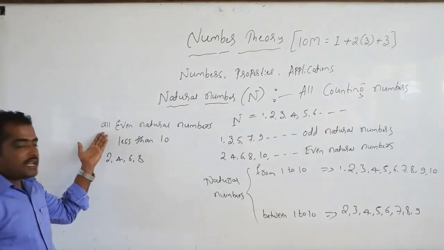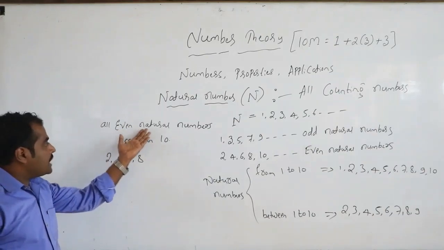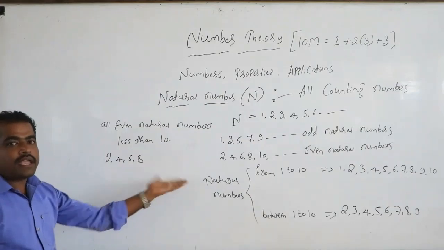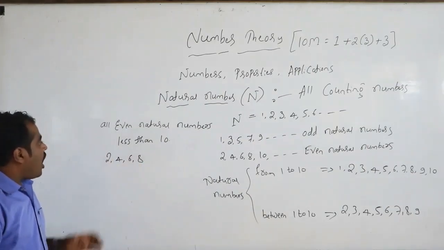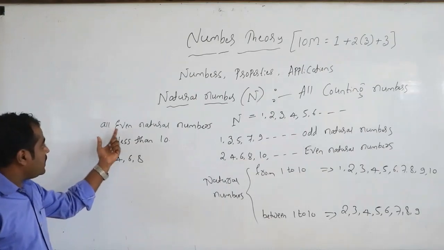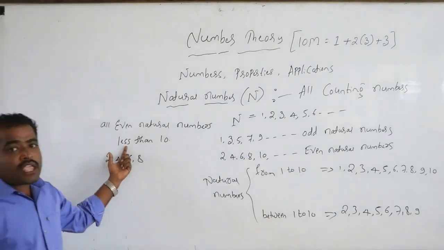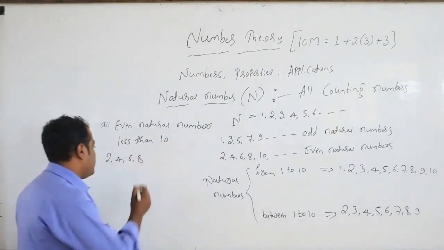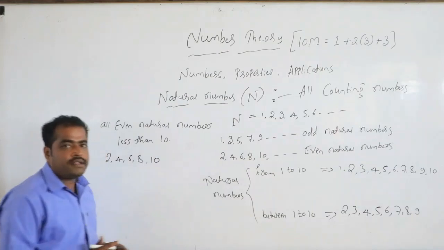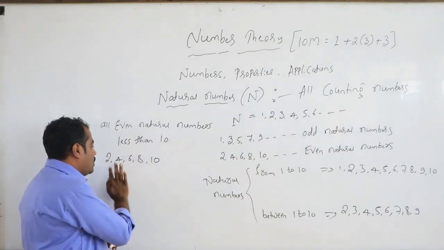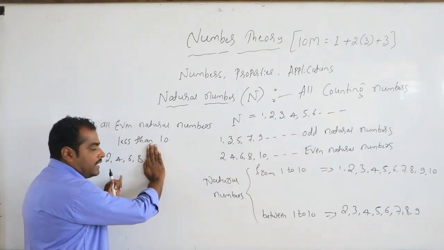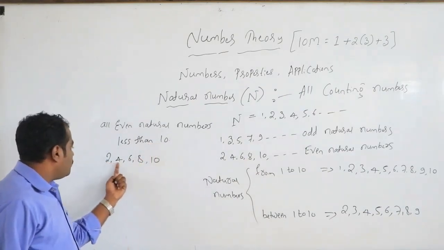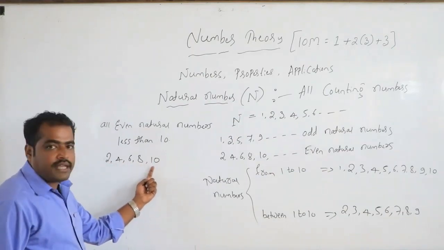Suppose the collection of all odd natural numbers less than 10 means 1, 3, 5, 7, 9. Suppose all even natural numbers less than or equal to 10. Less than or equal to means that number should also be considered: 2, 4, 6, 8, 10. Less than 10 means 2, 4, 6 and 8. Less than or equal to means that number should be considered: 2, 4, 6, 8 and 10.